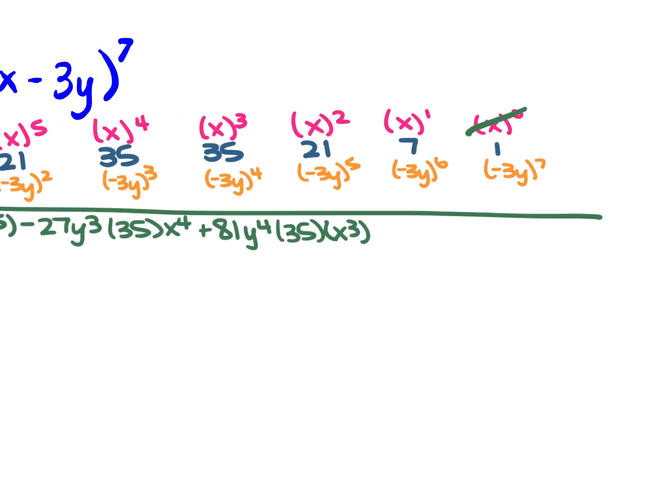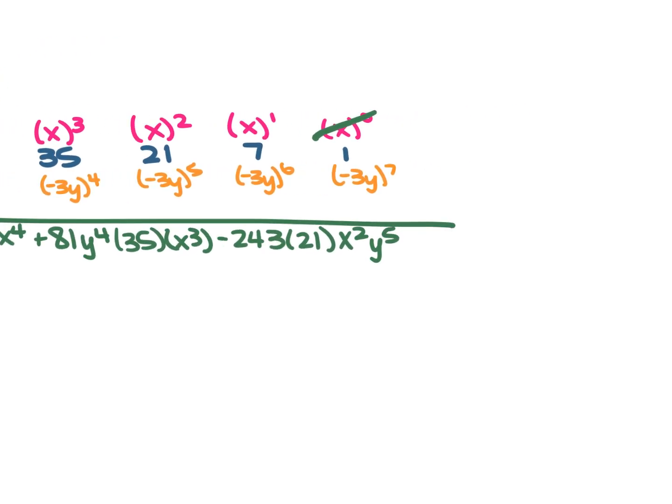Next, the negative 3y to the 5th power is going to give us 3 to the 5th is 243. So negative 243 times 21 times x squared and y to the 5th. Then we have the negative 3y to the 6th power. So 3 to the 6th power is 729 y to the 6th times 7 times x.